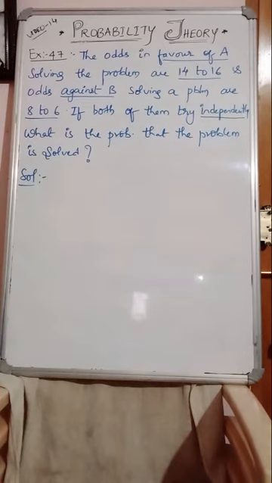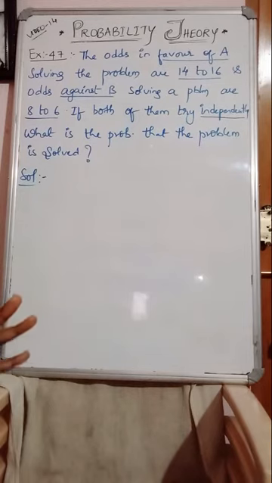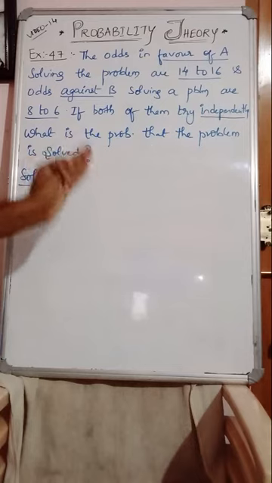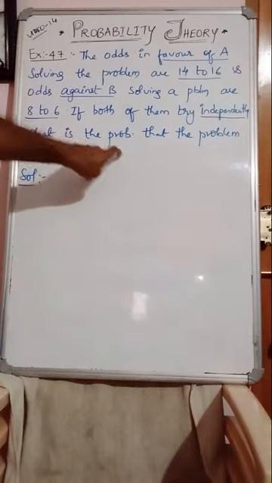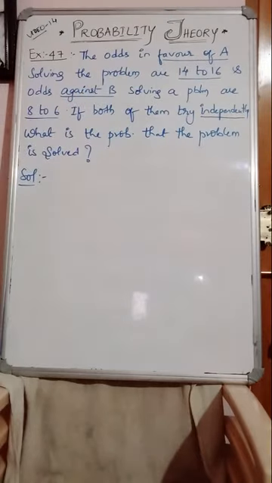See here, problem is solved means either A can solve the problem or B can solve the problem, and both A and B also can solve the problem. Are you clear, guys? Right? So it is the case of A or B, at least one. Either A can solve or B can solve, or both A and B can solve.